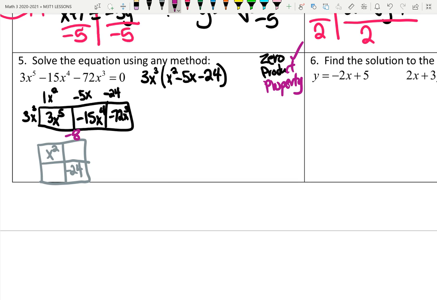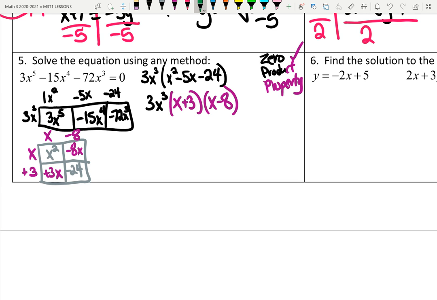I know that negative 8 and positive 3 will result in negative 5x. I know x times x is going to be x squared. So this is going to write into the equivalent statement: 3x to the 3rd times x plus 3 times x minus 8.